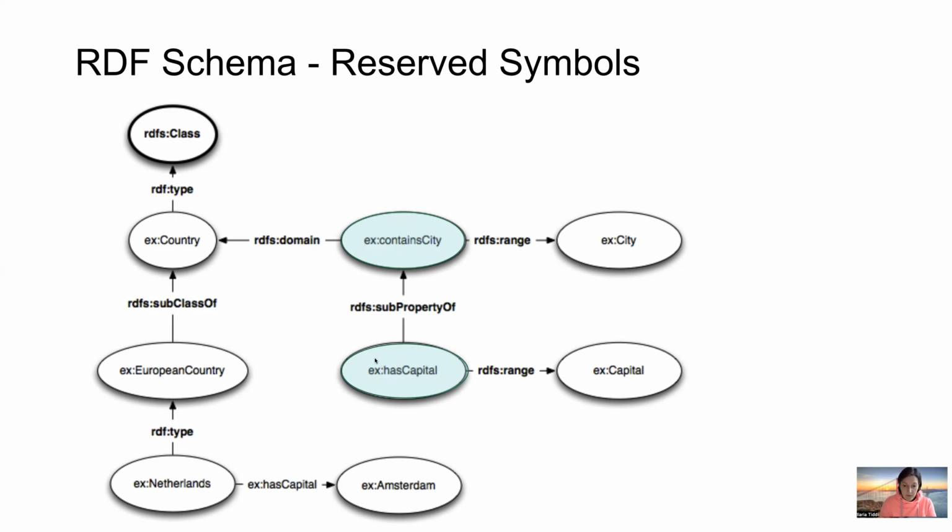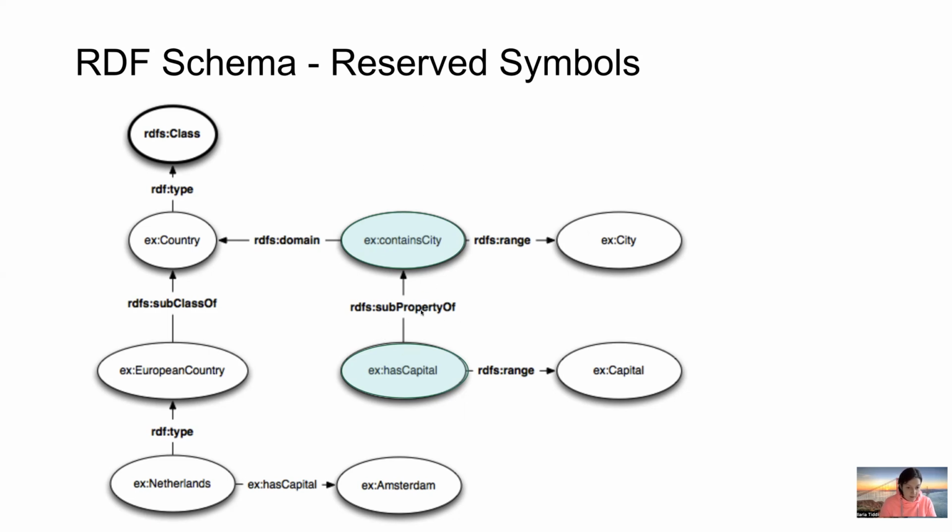This can be quite confusing, but it's only a way to represent this information in a graph format. What you are actually seeing here is that the property contains city has a certain range, which is city, and a certain domain, which is country. This means that contains city is a property that can only appear with a subject of type country and with an object of type city.